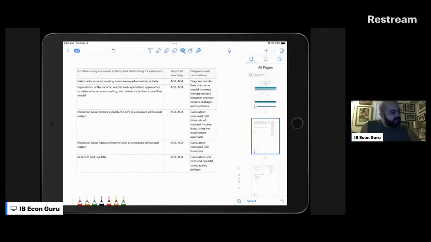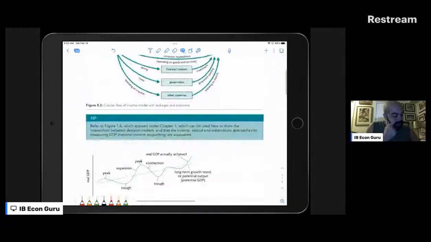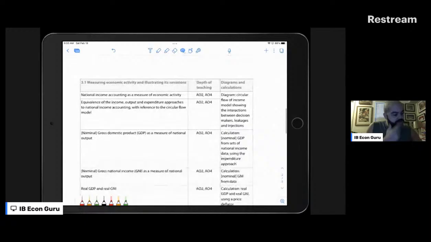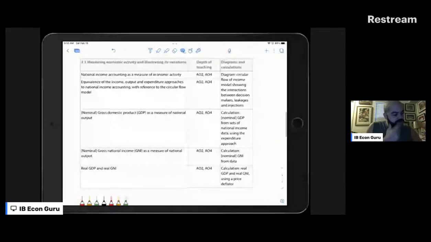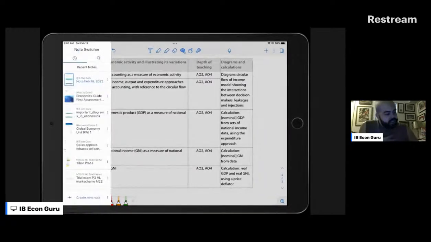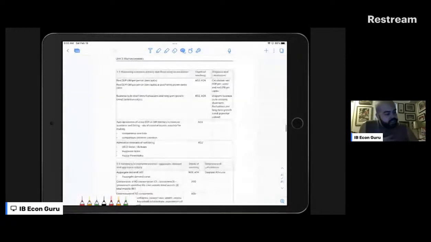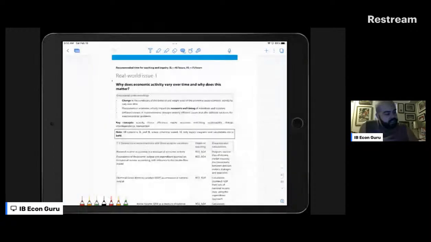Today, as I mentioned earlier in the community tab, I'm going to be reviewing the first part of macroeconomics. So how is economic activity measured? Now, the real world issue in this case, and this is something that you really need to think about, is why does economic activity vary over time and why does this matter?